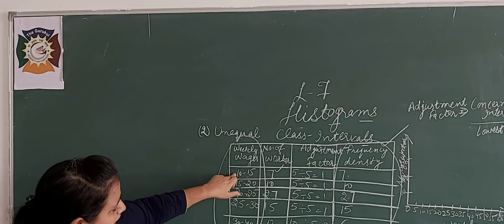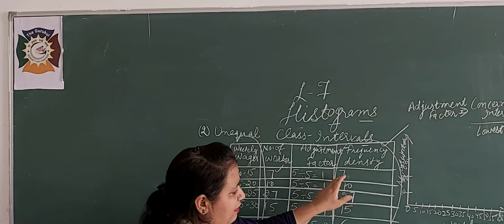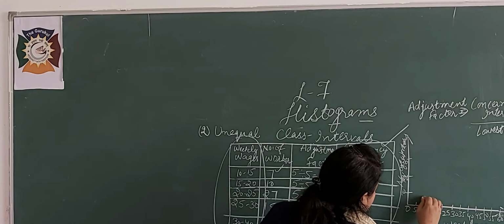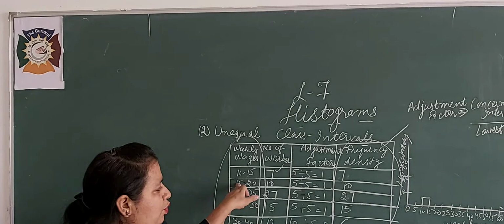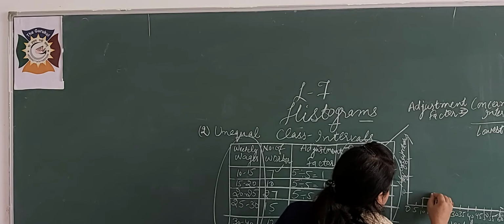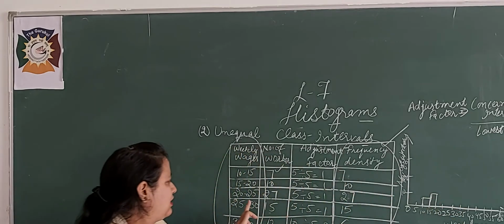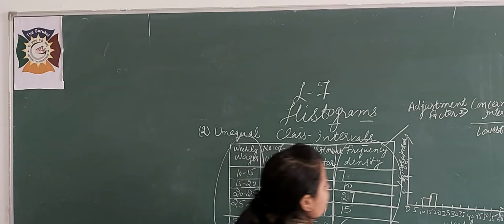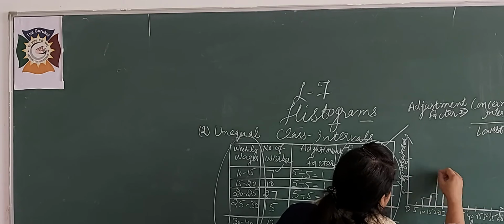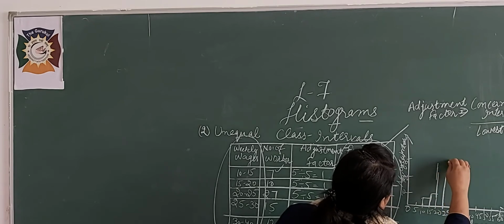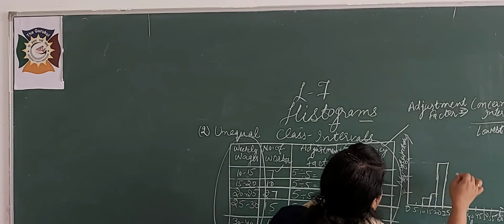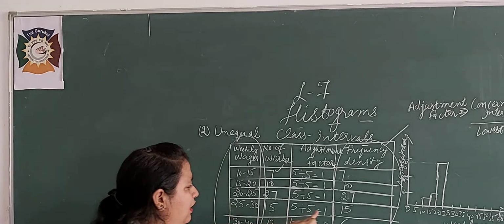First is 10 to 15, that is 7. Next 15 to 20, 10. Next 20 to 25, 27. Next is 25 to 30, 15.